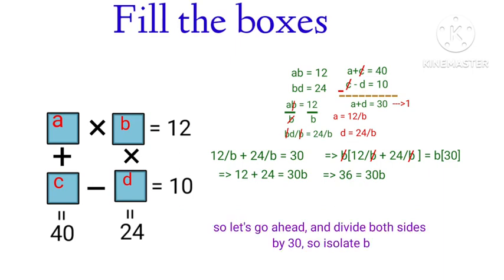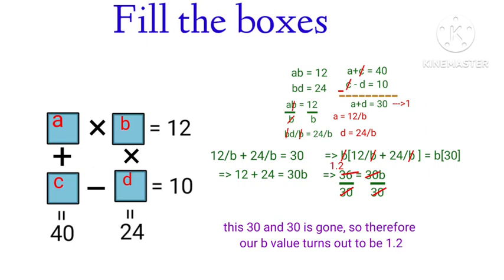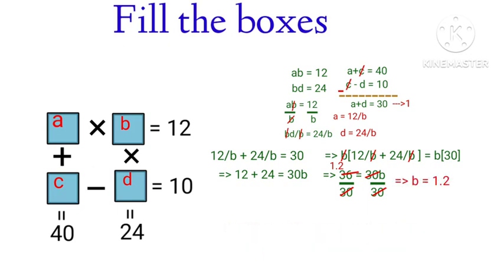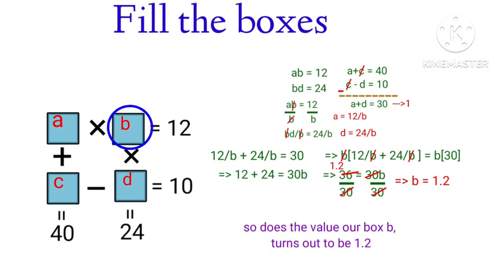So let's divide both sides by 30 to isolate B. This 30 and 30 are gone. So therefore our B value turns out to be 1.2. So the value of our box B turns out to be 1.2.